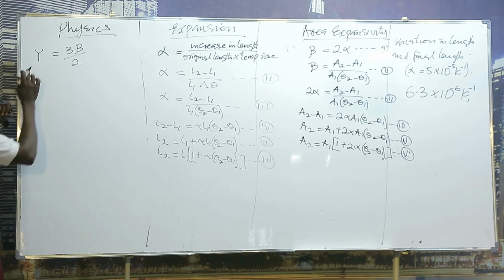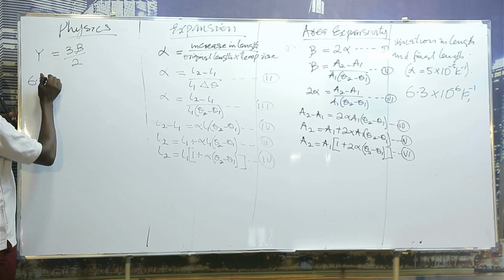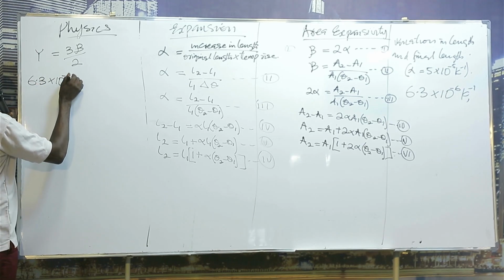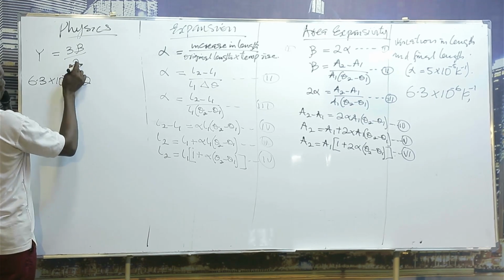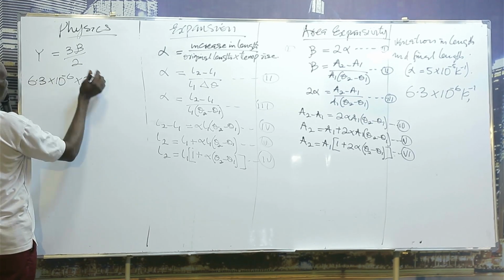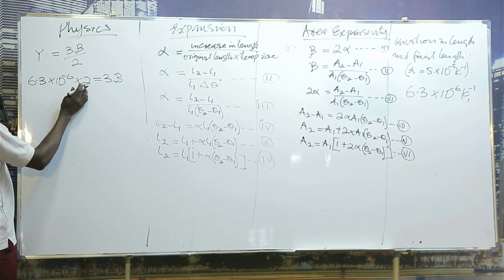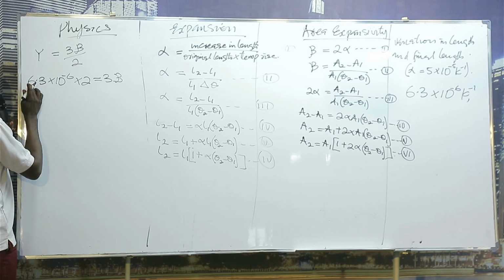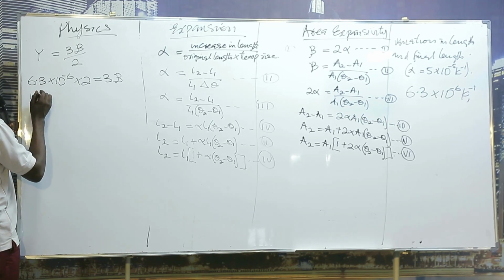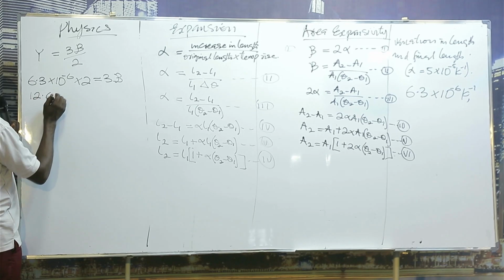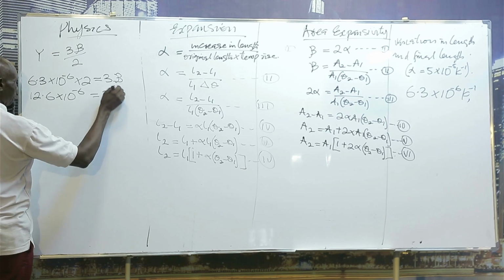This is equal to 6.3 times 10 to the power -6, multiplied by 2, equals 3b. Now, 2 times 6.3 is 12.6, so 12.6 times 10 to the power -6 equals 3b.